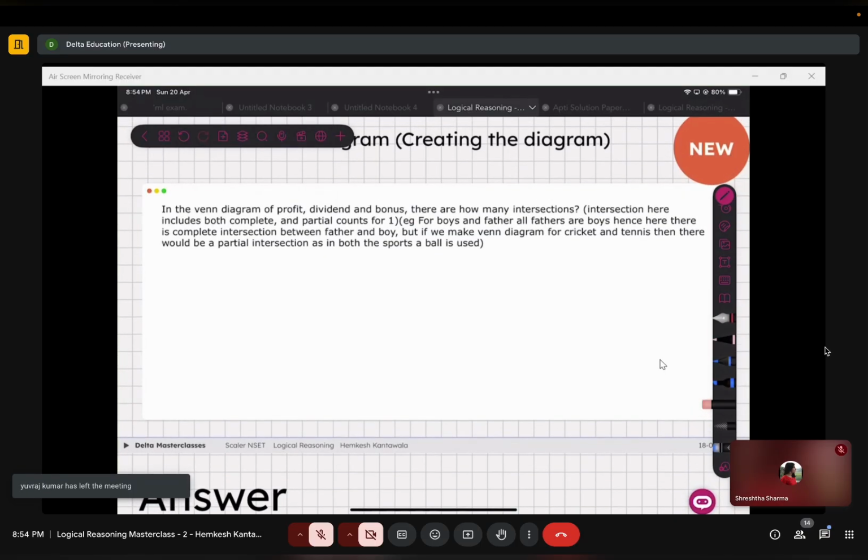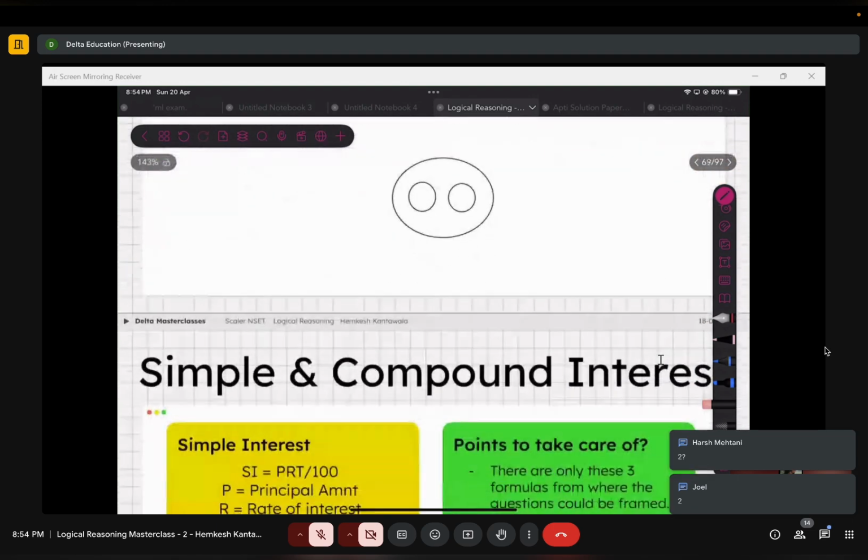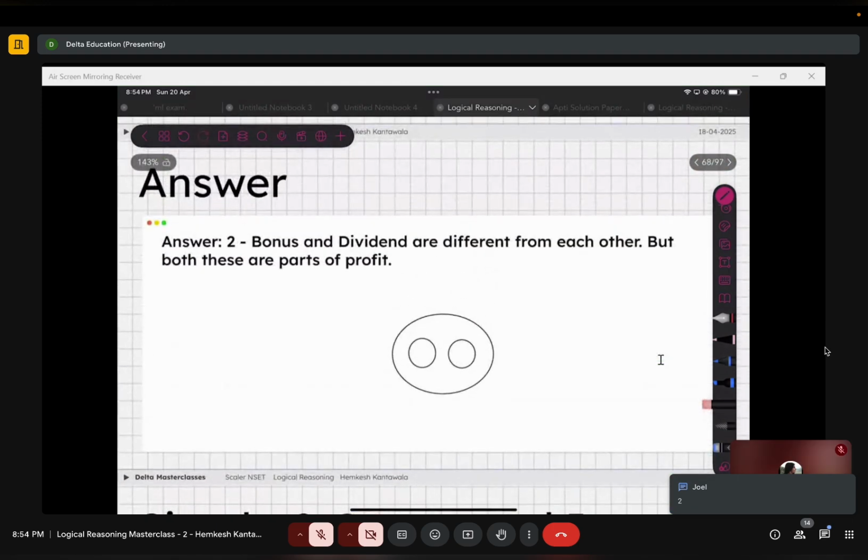So, answers. Two. Yes, two is the correct answer. Basically, the outer circle represents the profit.